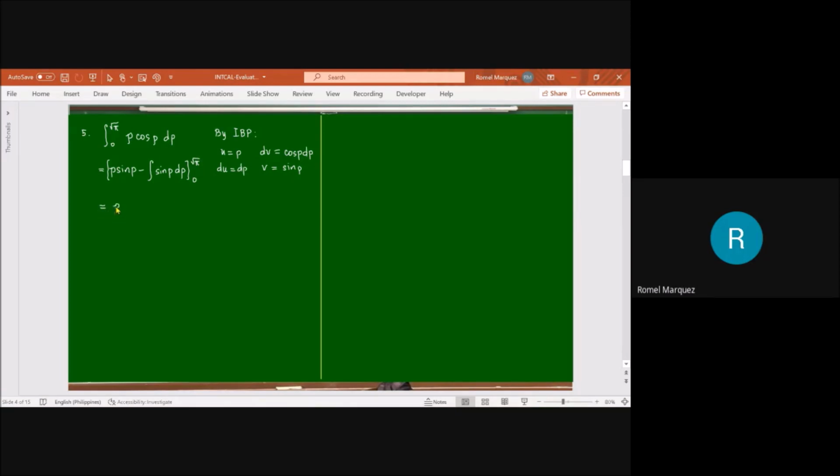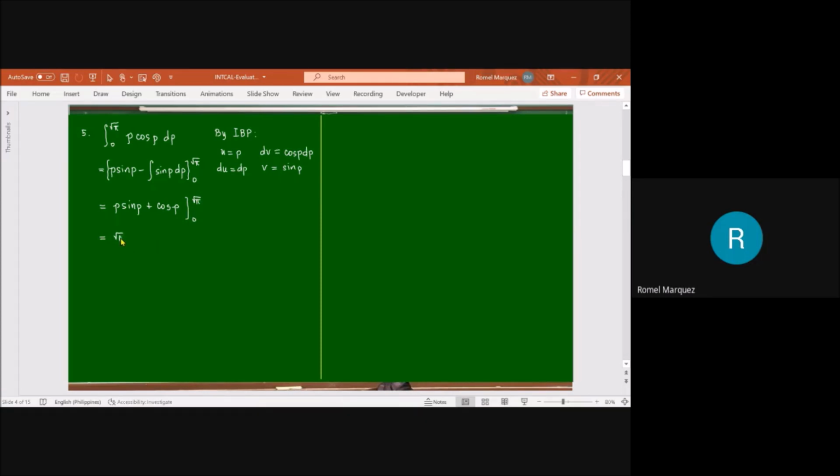So this is p sine p minus, what is the integral of sine p dp? That is basic integration, negative cosine, so negative, positive now. Okay, guys? Evaluated from 0 to square root of pi. Let's now find the value of this indefinite integral when p is square root of pi.